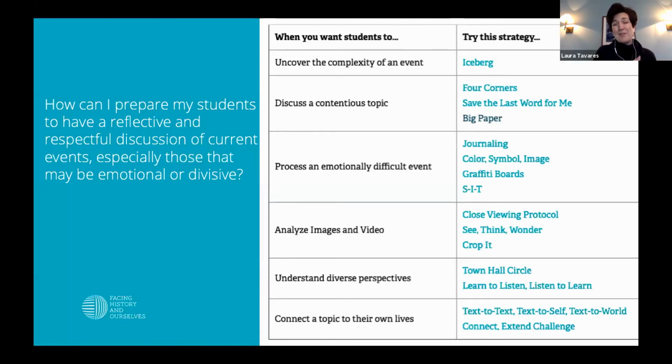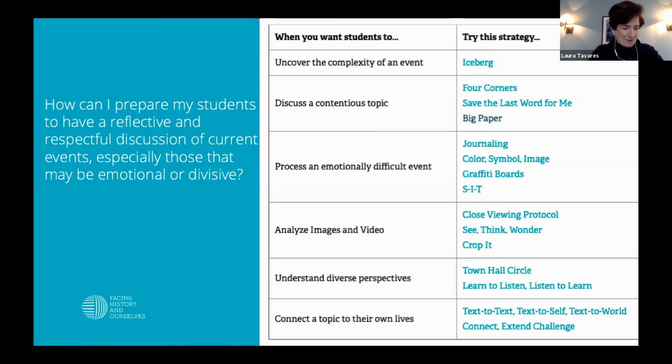There's some great strategies for analyzing images that you could use with those political cartoons that we just saw, and there's many others. But we think that this is a really important practice to understand not just what are the issues I want to talk about and what sources will I use, but also what are the strategies that I have in my educator's toolbox to guide and shape this conversation.